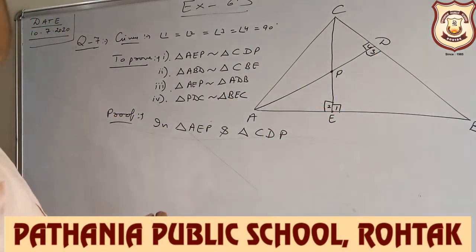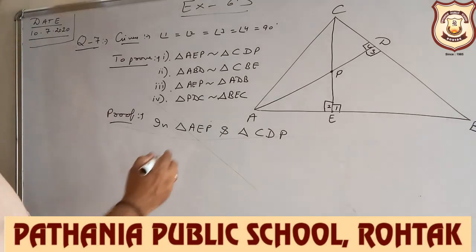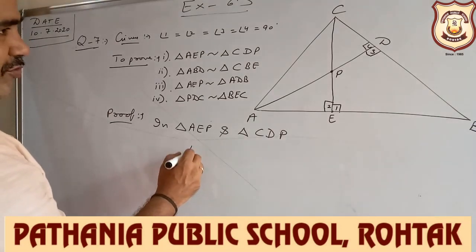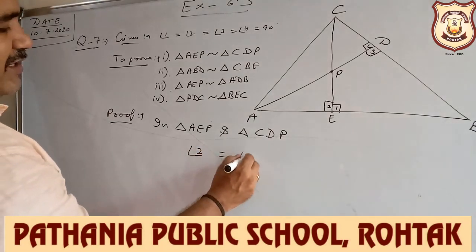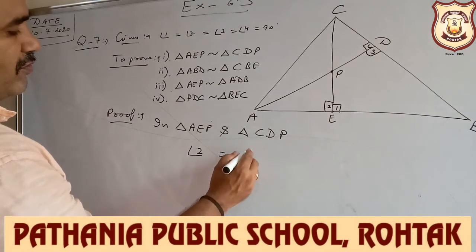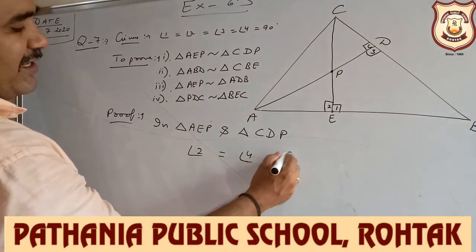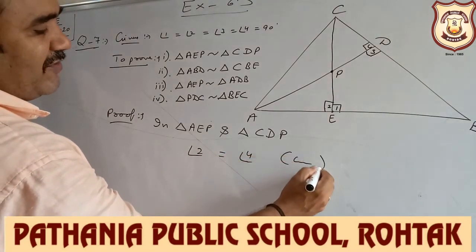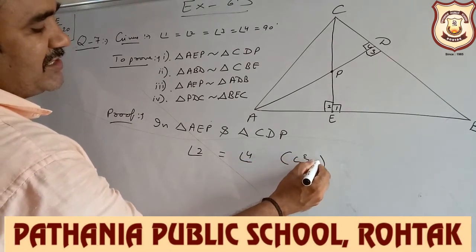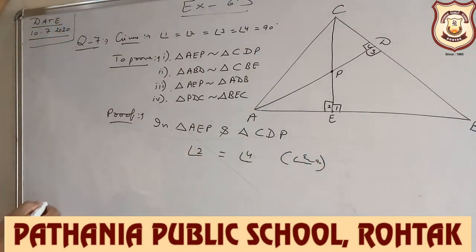So you can write angle 2 equal to angle 4. Why? Either you can write given or you can write each 90, up to you.